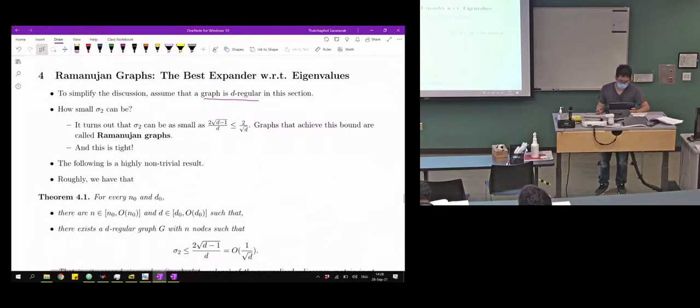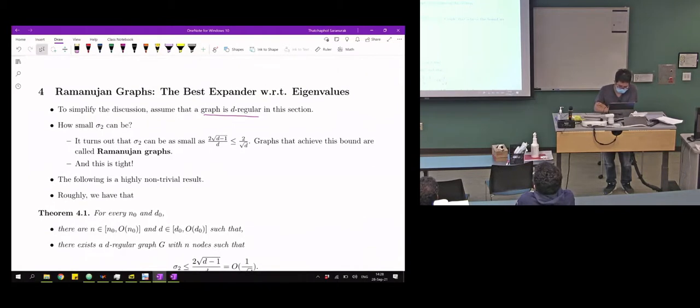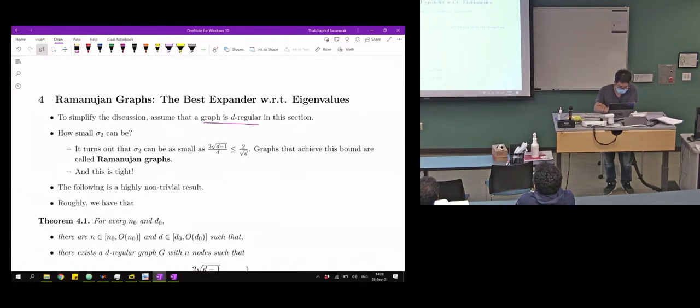It's a product graph. But actually it turns out that when the degree is d, then sigma 2 can be as small as this thing.